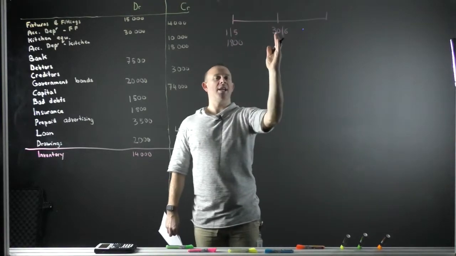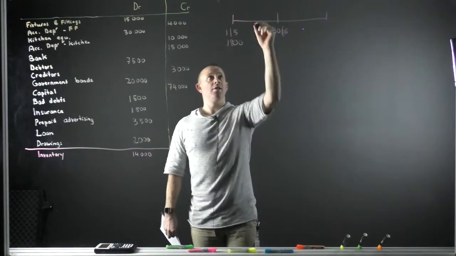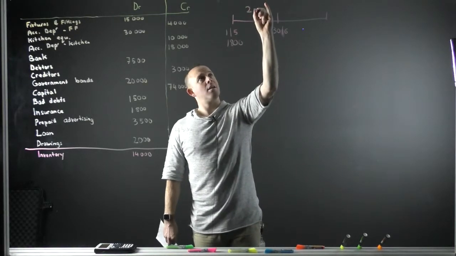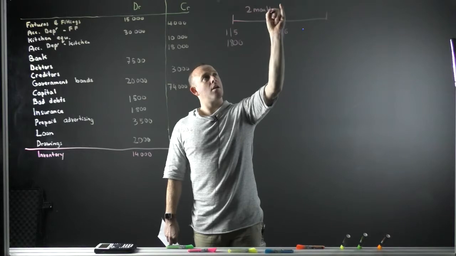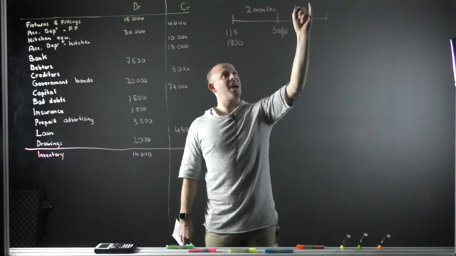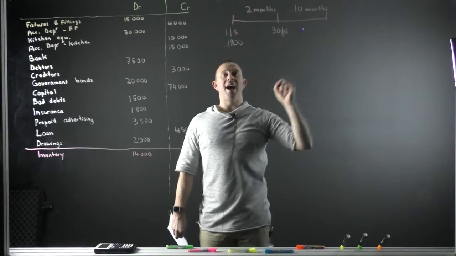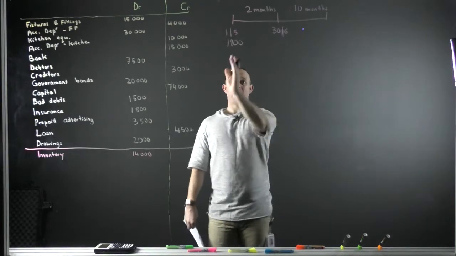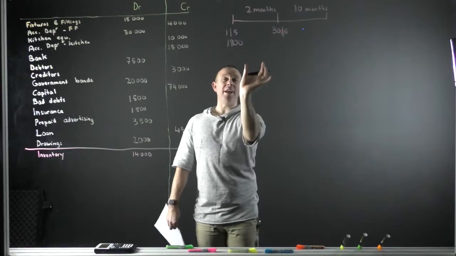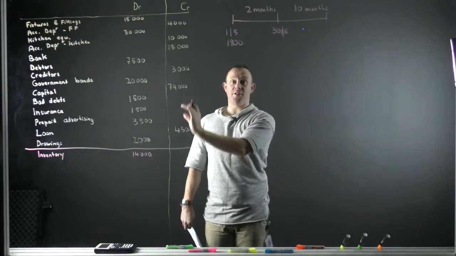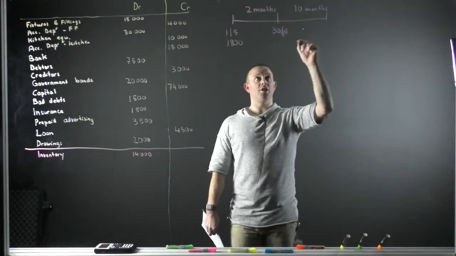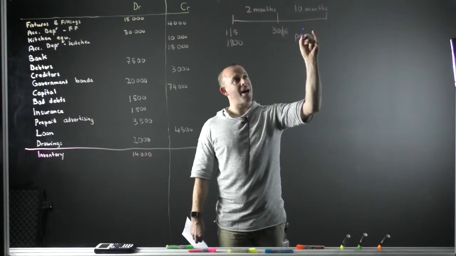Between here and here is May, June. There are 2 months, which means we've got 10 months as a prepayment. We paid it here. We only need to record 2 months for this accounting period. The rest needs to go as a prepaid.